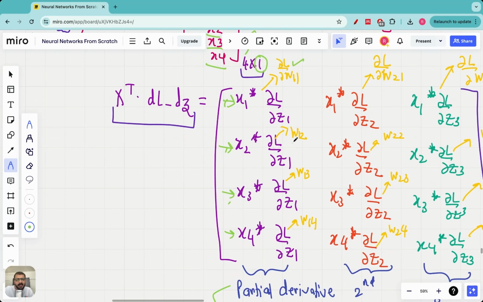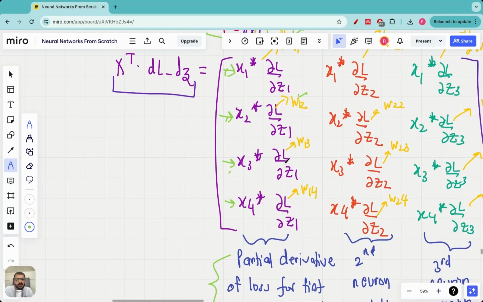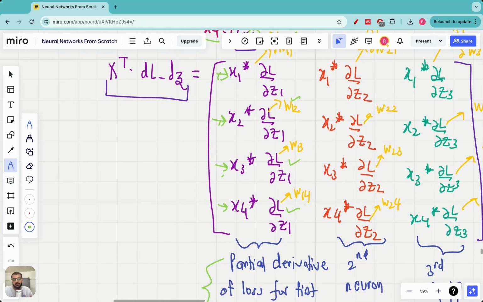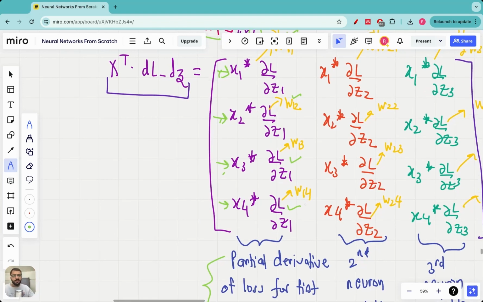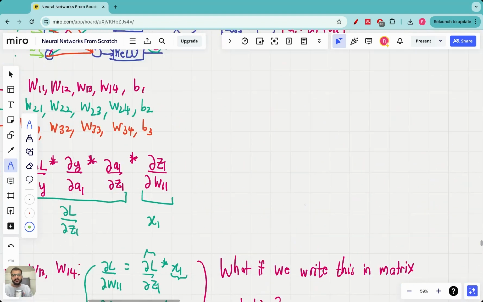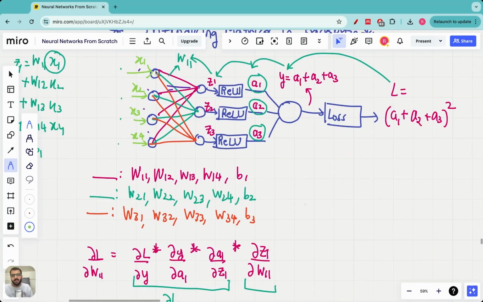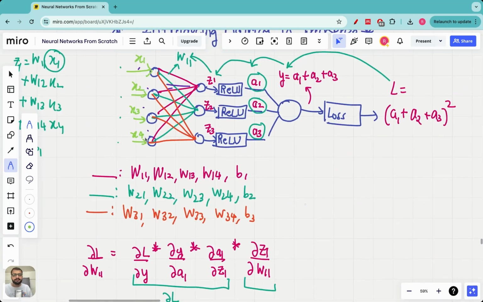The second entry gives the partial derivative of loss with respect to W12. The third entry gives the partial derivative of loss with respect to W13. And the fourth entry gives the partial derivative of loss with respect to W14. Great. So the first column gives us the partial derivative of loss with respect to all the weights corresponding to the first neuron, which means all the weights which are shown in the pink lines over here.